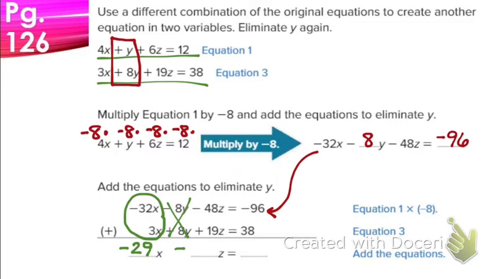I just can't hear the number that's being said. Close. Very, very close. It's negative 29. What about negative 96 and a positive 38? Negative 58.